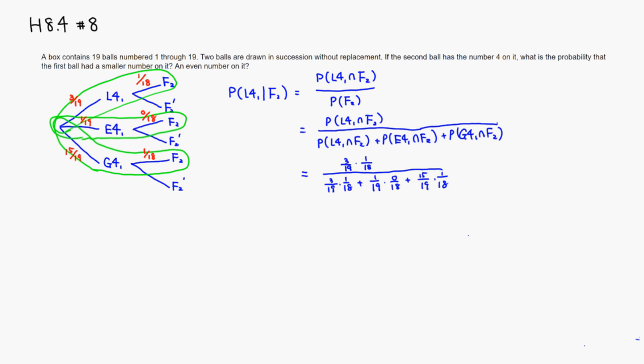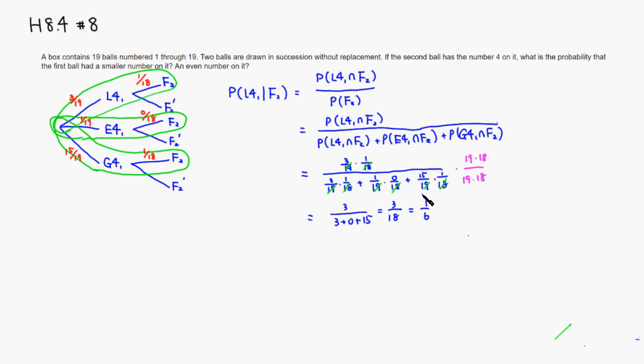We can simplify by multiplying top and bottom by 19 and 18, so the denominators cancel. We get 3 plus 0 plus 15, so it's 3 out of 18, which is 1/6.